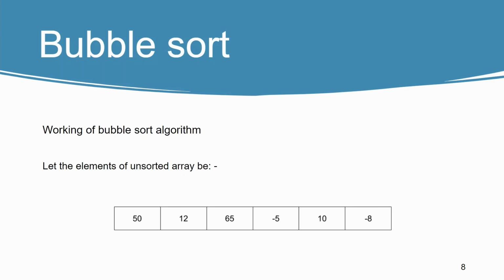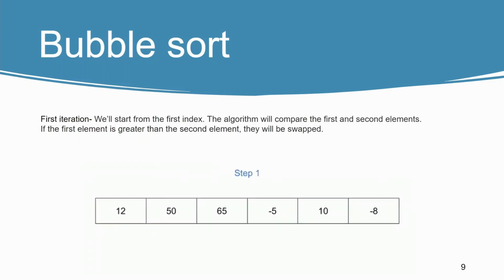Now, coming to how the bubble sort algorithm works. Let's consider 6 elements. First 50, second 12, third 65, fourth -5, fifth 10, and sixth -8. In the first iteration, we start from the first index and the algorithm will compare the first and the second elements. If the first element is greater than the second element, they will be swapped.